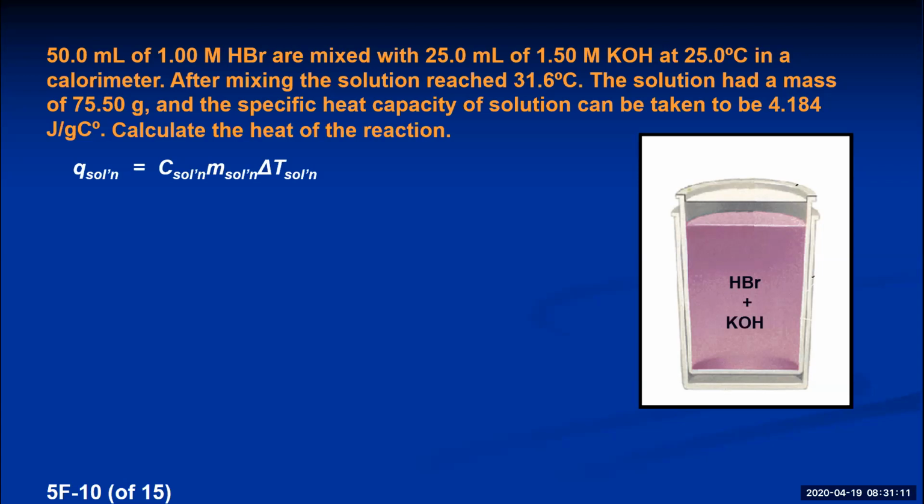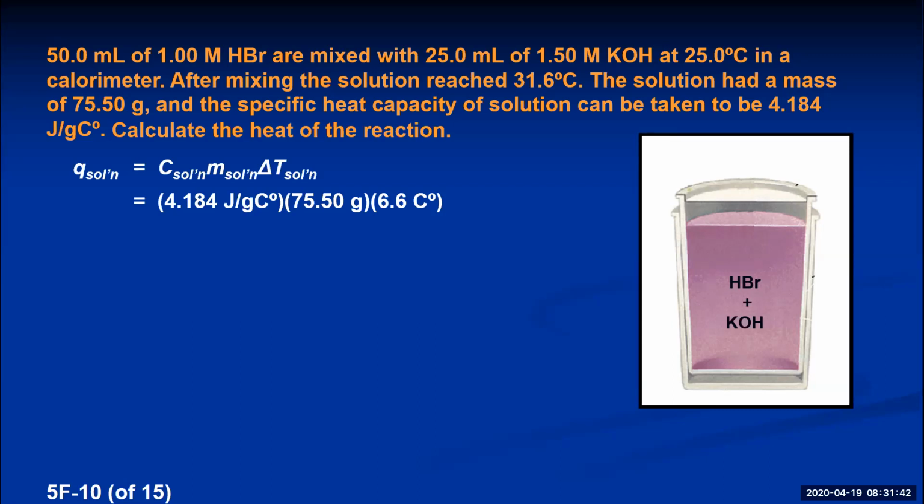And when you do changes in temperature, it's important you always go final temperature minus initial temperature to get the correct sign convention. In this case, 31.6 minus 25.0 gives you a number accurate to the tenths place, and that comes out to 6.6 positive value Celsius degrees. So we can calculate how much heat the solution absorbs by multiplying 4.184 by 75.50 by positive 6.6, and that's going to give us a positive value.